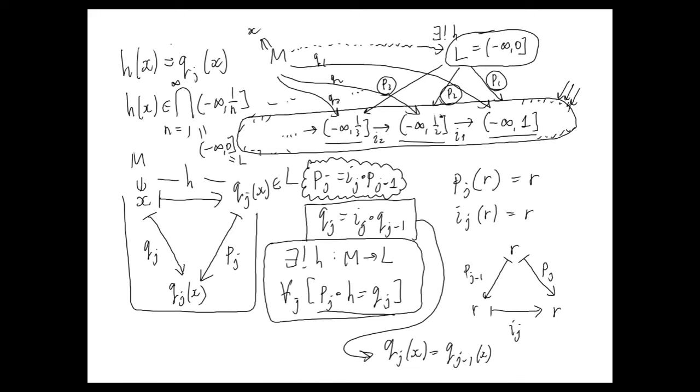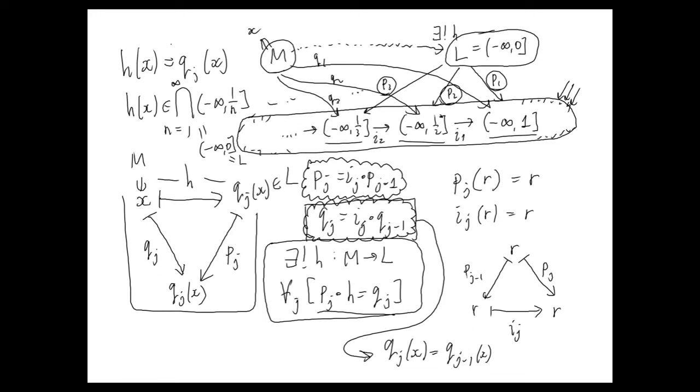Now, a cone will be a limit when, given another cone, so this is now M along with the maps Q1, Q2, Q3, which satisfies a similar equality for every j, which is the one I'm circling now, there must exist a unique H from M to L, which is compatible with these projection maps, the P's and the Q's.